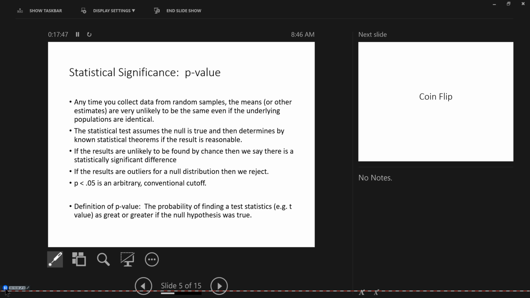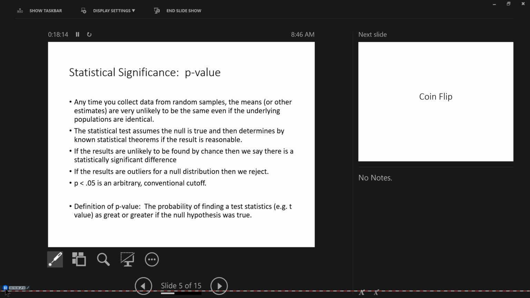It doesn't say anything about your current experiment. It doesn't say what the difference is. It's only looking at the probability that you would find this result when the hypothetical null hypothesis is true. So you're not testing an alternative, you're testing the null.